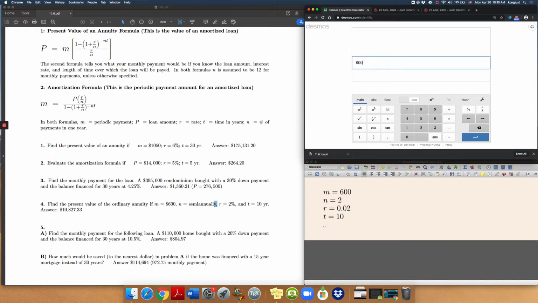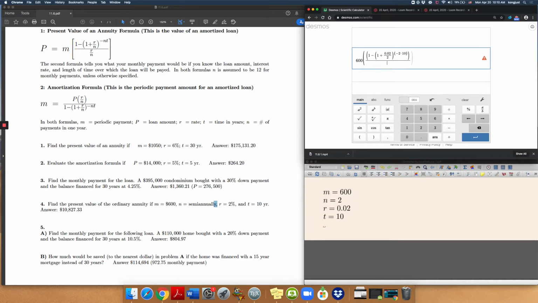It's 600, that's the M. Parentheses for the brackets, and then parentheses for the numerator. 1 minus parentheses 1 plus 0.02 divided by 2 for N. Exponent, parentheses, negative 2 times 10. That's negative N times T. Close the exponent and then close the numerator.